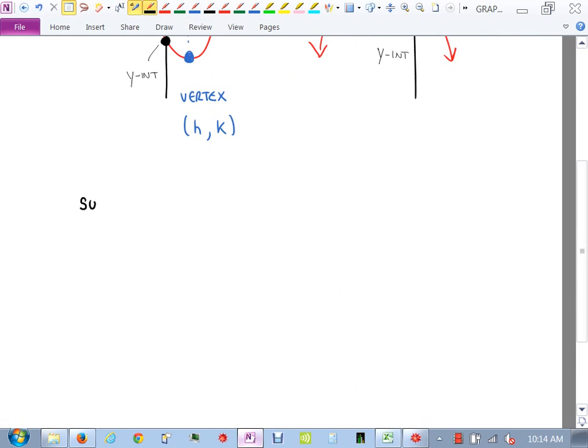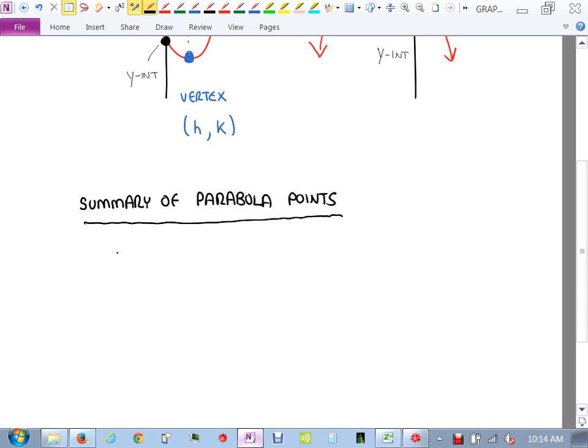So, a summary of parabola points. Let's say vertex: we will always have the vertex. The y-intercept we will always have.